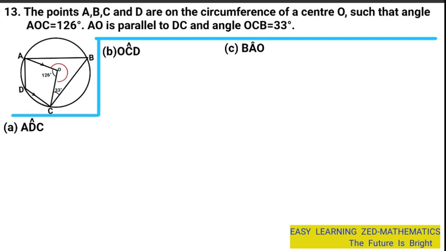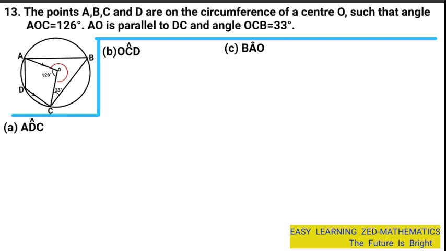So we're going to use the property that angles on a point add up to 360 degrees. We subtract 126 degrees from 360 degrees, then divide the result by 2, and that gives us angle ADC.